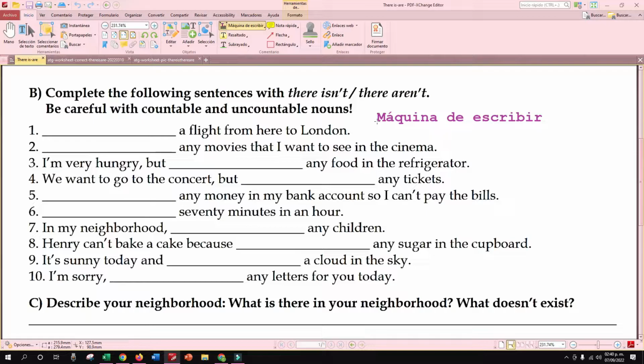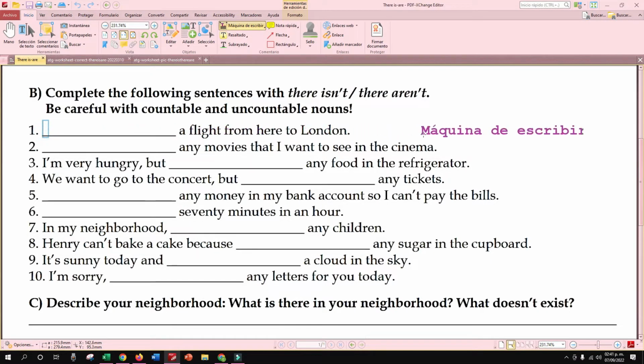For example, in the first one, a flight from here to London. Is flight countable or uncountable? Which could be the answer here, guys? There isn't or there aren't? Which will be the answer for you?